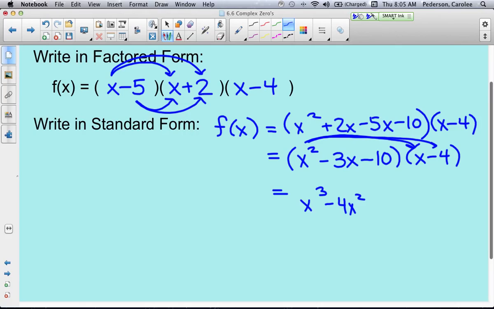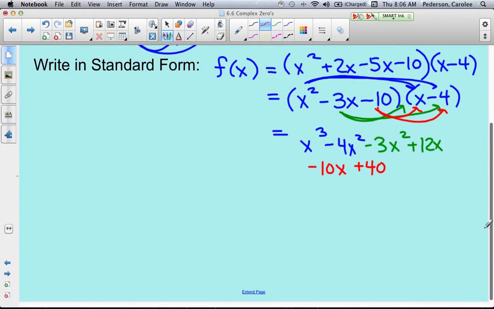We go and distribute, I'll change colors, the negative 3x to the x, negative 3x squared, then negative 3x to the negative 4, which is positive 12x. Again, and then our last term, distribute negative 10 to the x, is negative 10x, and then negative 10 to the 4, negative 4, gives us positive 40.